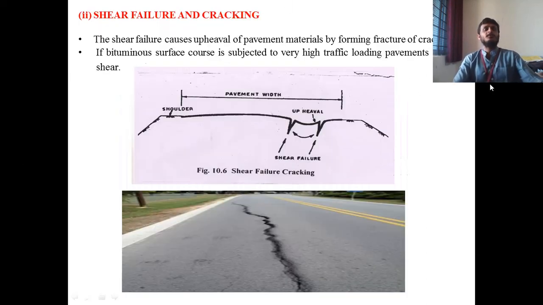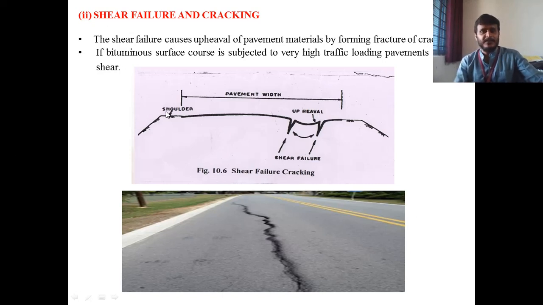So next we shall move on to the second type of failure, that is shear failure or cracking. Here we usually come across upheaval of the pavement material or bituminous material. Here you can see the shear failure causes upheaval of the pavement materials by forming a fracture or cracking. So if the bituminous surface course is subjected to very high traffic loading, the pavement fails by shear.